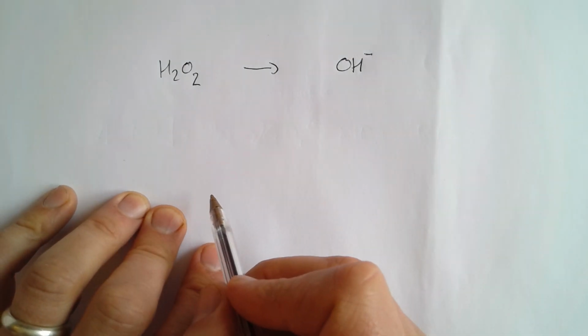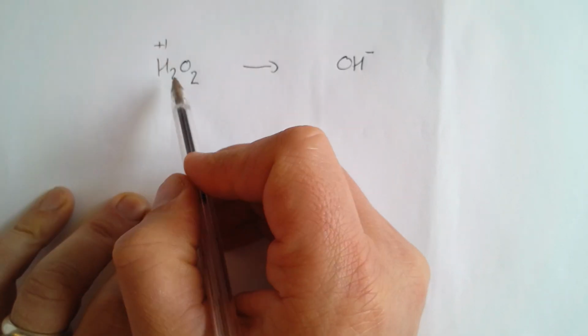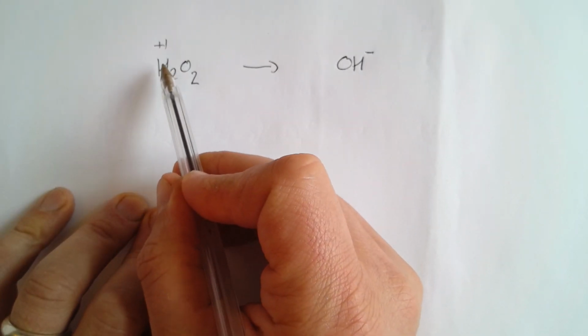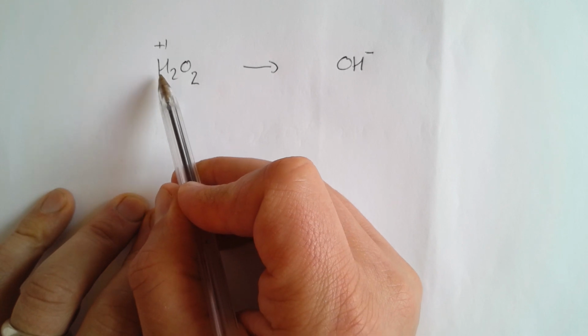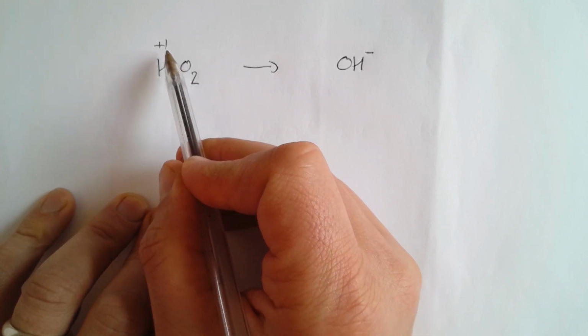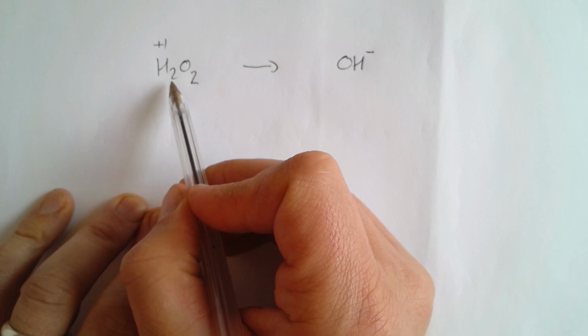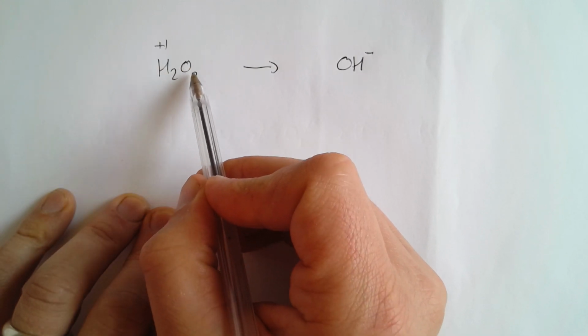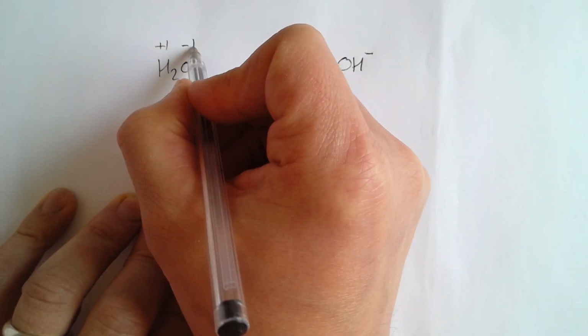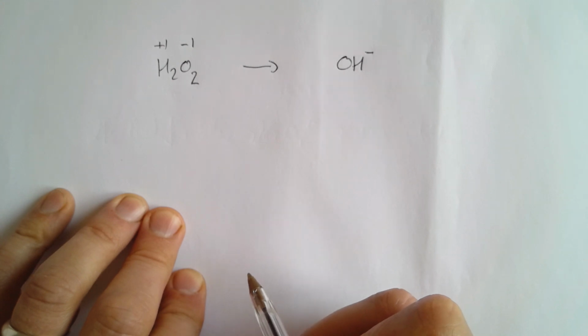The oxidation state of the hydrogen is +1. We can assume it's +1 because it's not bonded to a metal, which means when we add up the oxidation states, we've got here this oxygen in a -1 oxidation state.